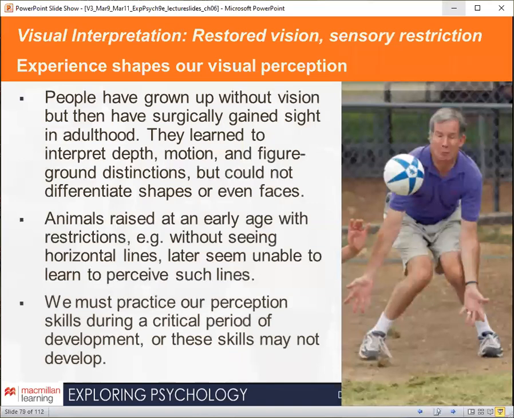So we must practice our perception skills during a critical period of development, or these skills may not develop. Even though they will be able to obtain some new capabilities when it comes to sensing and perceiving, there may be some things they'll never be able to attain simply because they missed out on a very critical period of development where the practice of perception skills would have been needed.